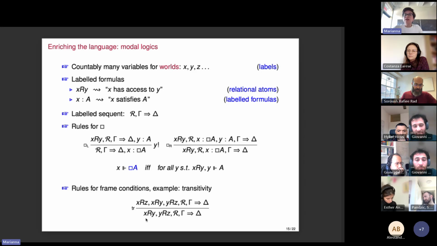So for instance, for transitivity, the corresponding rule would be this one, where I add that z is accessible from x. So once I have defined the calculus for the base system, it is very easy to add rules to capture other frame conditions. Okay?